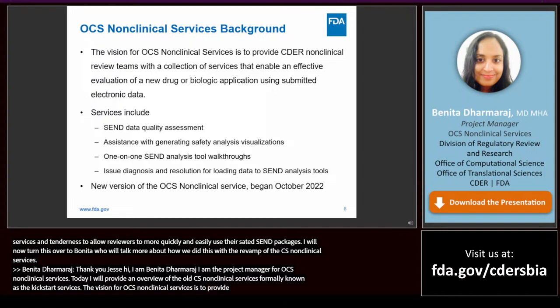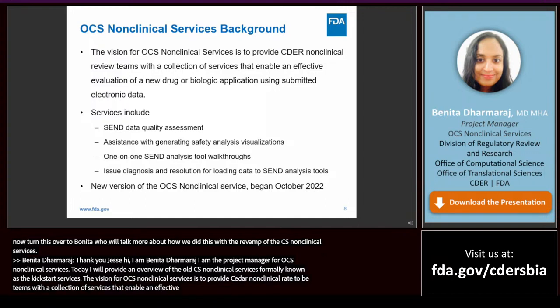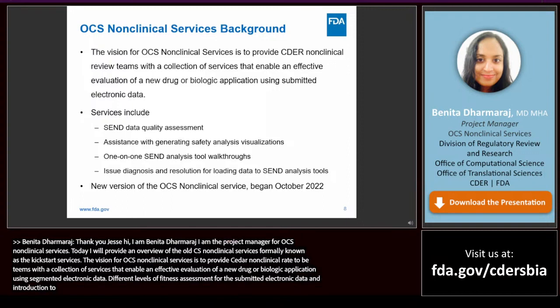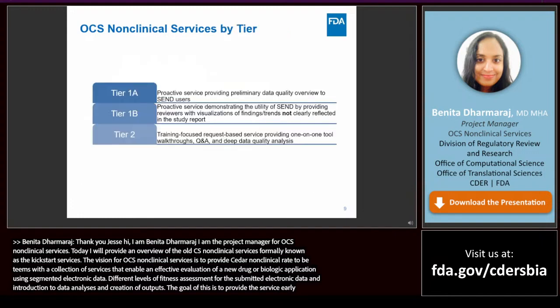These services include an introduction to electronic non-clinical data, a tutorial of key functions of analytical tools, different levels of fitness assessment for the submitted electronic data, and an introduction to data analyses and creation of outputs. The goal of this is to provide this service early in the submission review process, giving non-clinical study reviewers a better understanding of their data and the tools available to them for review.